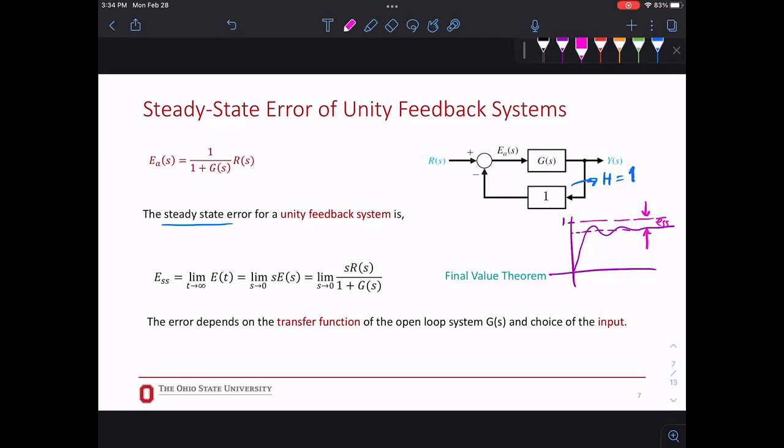So if you remember from before, sending a value to infinity in time is equal to sending that s in s domain to 0, right? So I can write limit s E of s, which my E of s is this A of s.